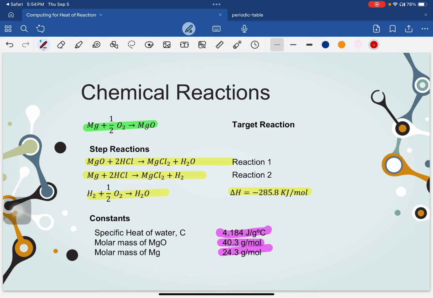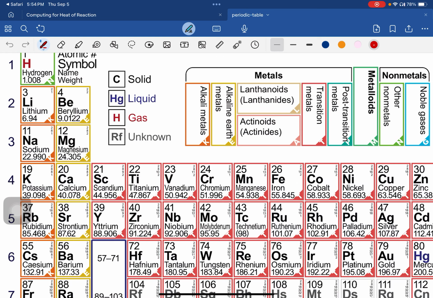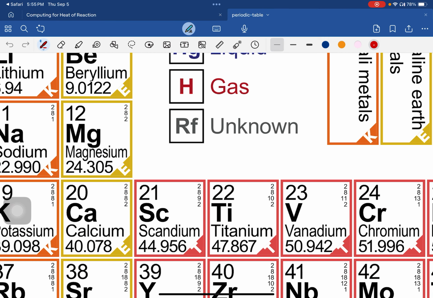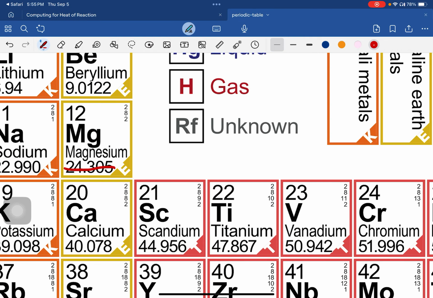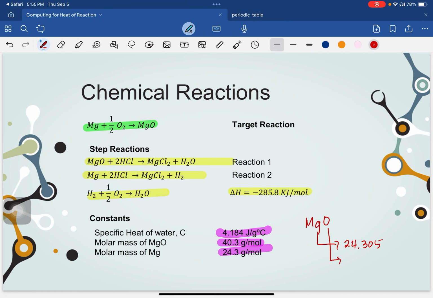If you might be wondering how I got 40.3 for MgO, just go over your periodic table. We're looking for Mg, which is 24.305. And for oxygen, we go back to our periodic table and look for oxygen, it's 15.999. I usually round that up to 16, but let's use 15.999. Adding them gives 40.304.